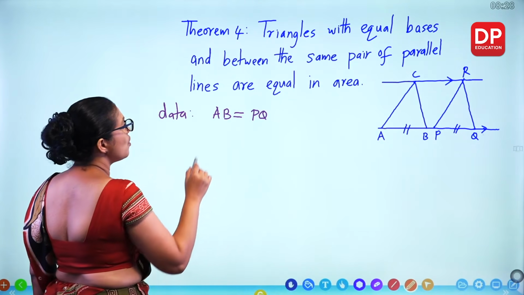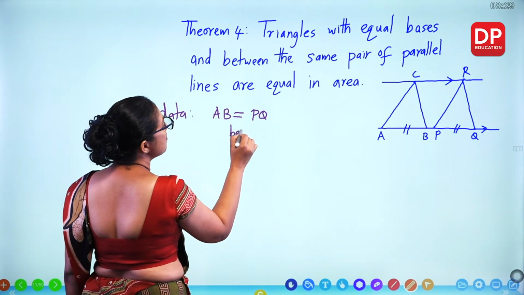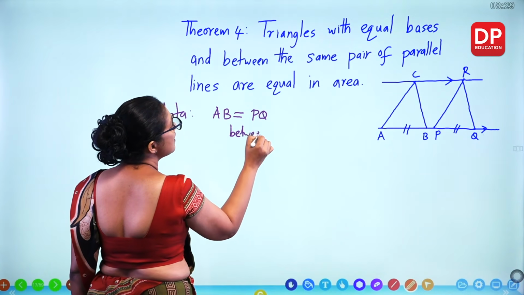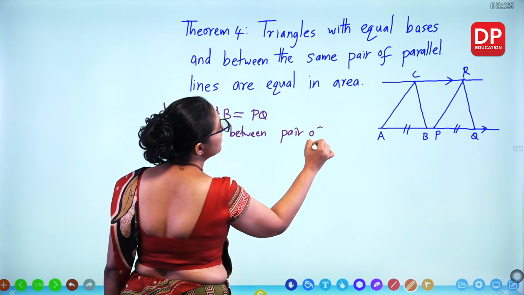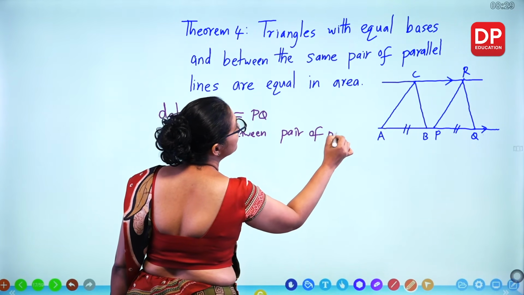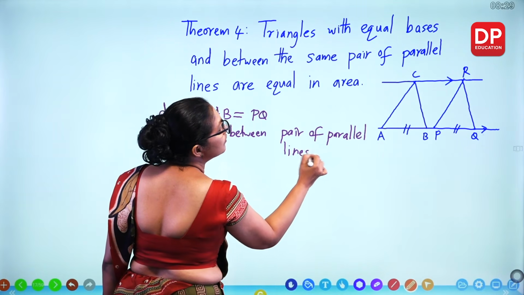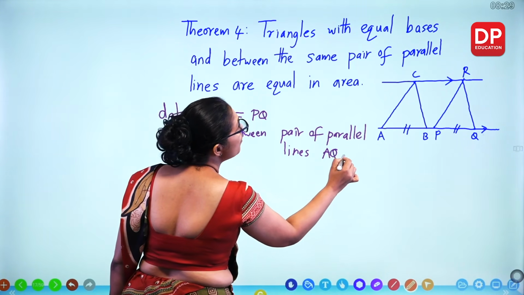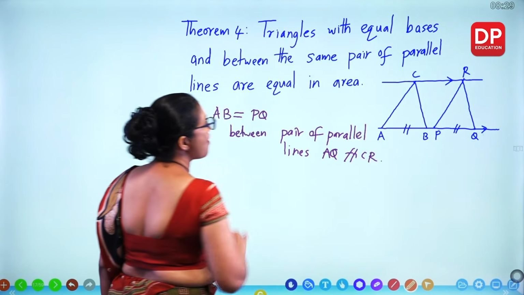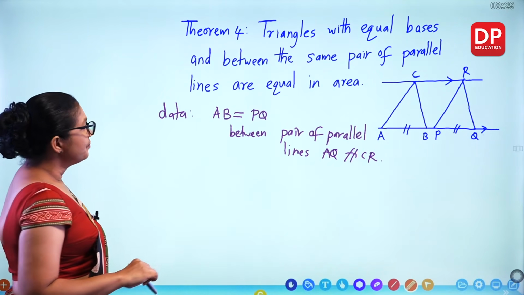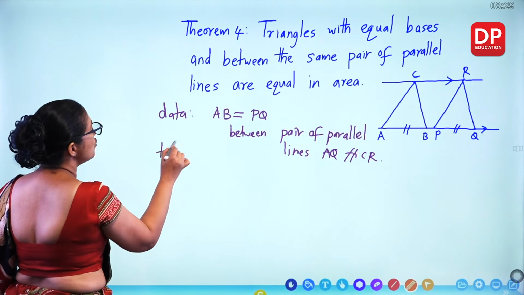And also both triangles lie between pair of parallel lines AQ and CR. And we need to check the area. So that's what we need to prove.